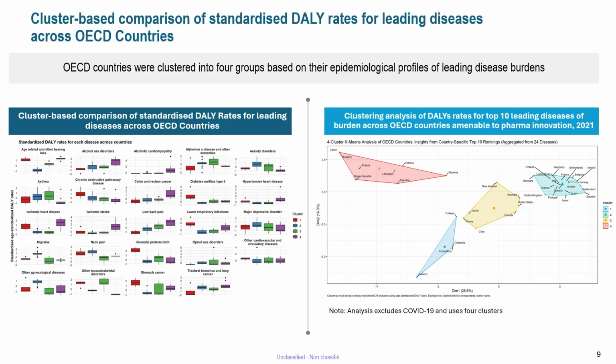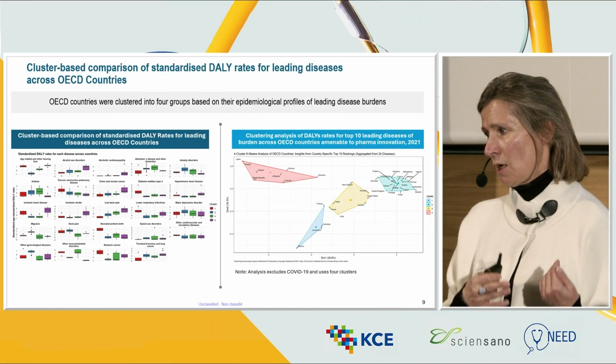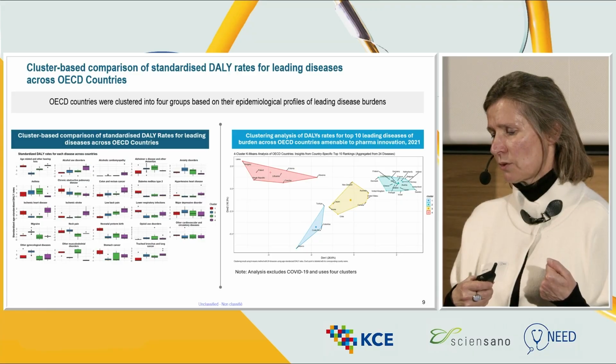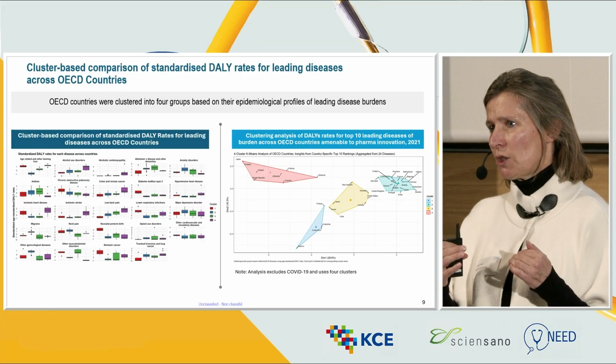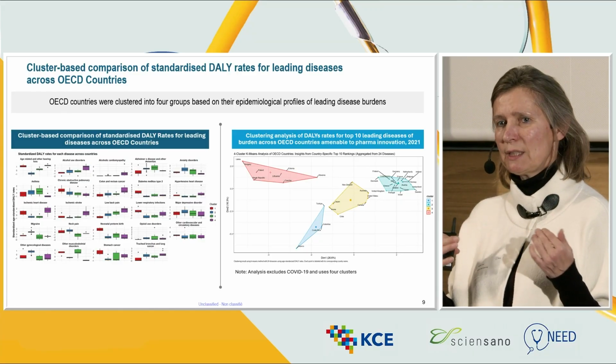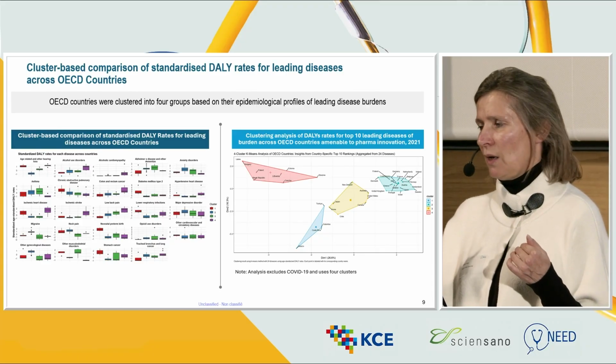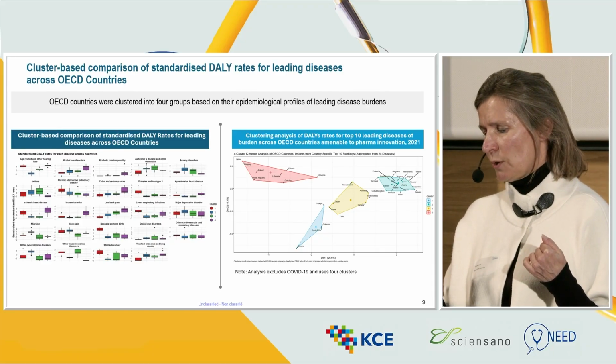But what we chose to do, to be a little bit more precise, once we had excluded all the accident and violent deaths that can have a high burden in some of the OECD countries, we clustered countries according to the similarities of their burden of disease, based on the 10 highest burdens of disease.